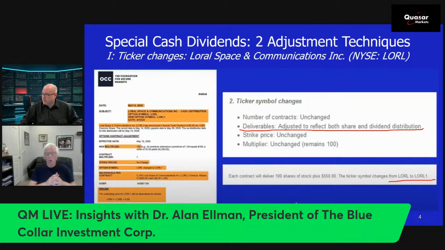When you check out an option chain, some of them you'll still see both ticker symbols, but the second ticker symbol with the one after it reflects the change after the ex-dividend date. And that means that per contract, you get not only the shares, but you also get $550 in addition to the shares. And once again, that makes buyers and sellers of calls and puts whole.